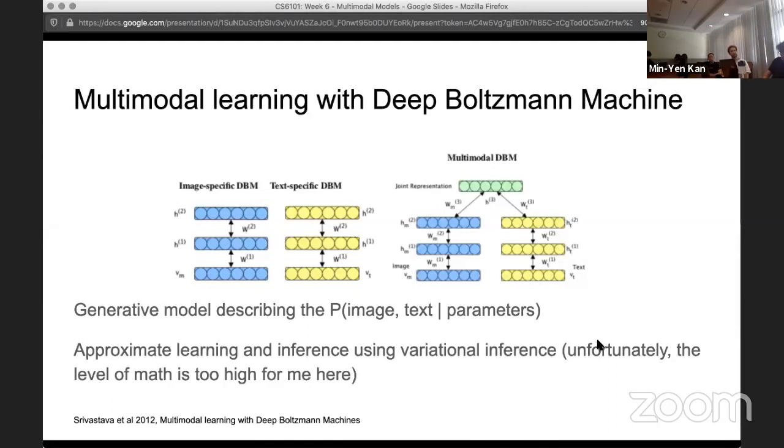It seems that in the beginning they were only interested in Deep Boltzmann machines, and then suddenly nobody talks about this anymore, or maybe it's too advanced a topic now. So I don't know the difference very well.